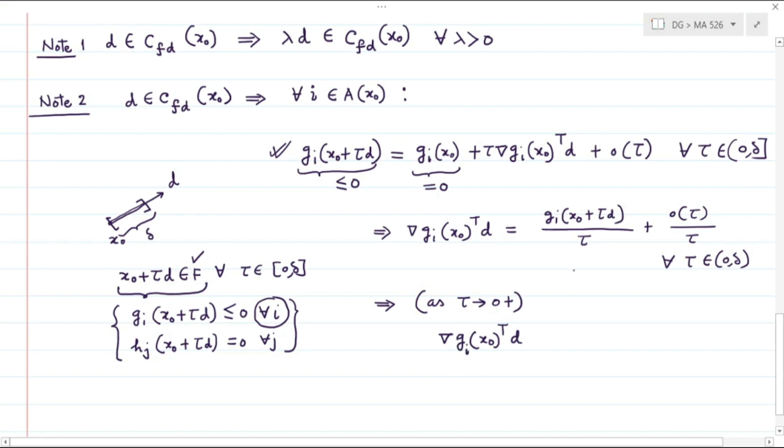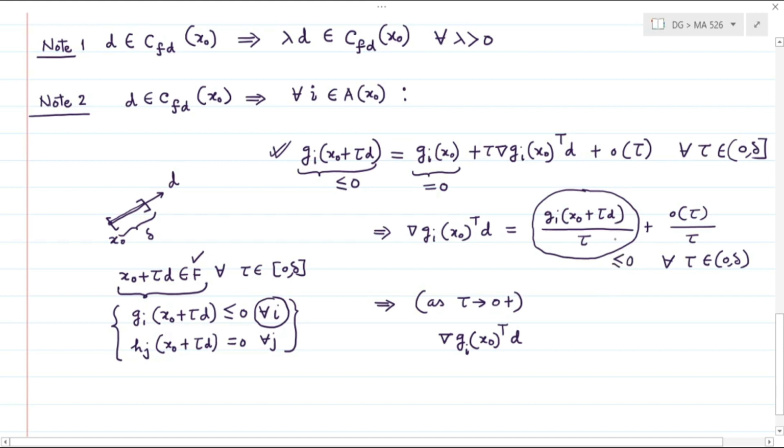And on the right hand side, what is happening? On the right hand side, you note that τ is always a positive quantity, and in the numerator you have a quantity that is less than or equal to 0. Therefore if you take the limit, then this limit is less than or equal to 0, right?